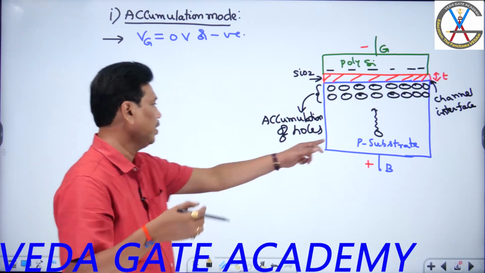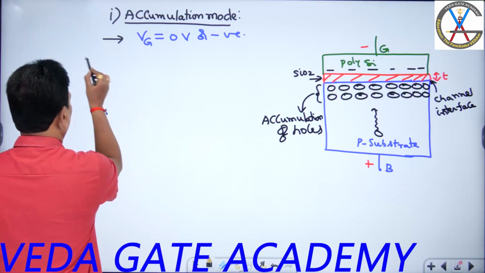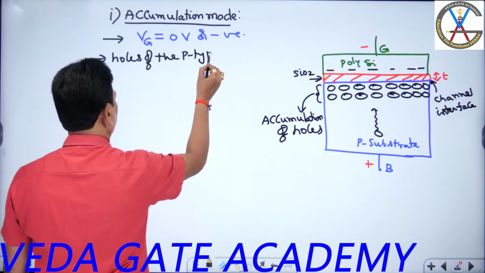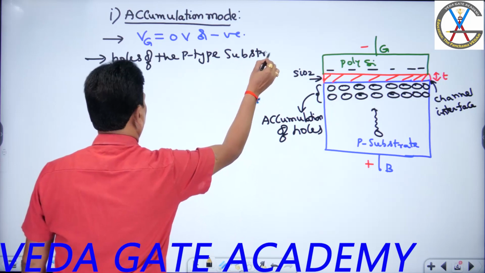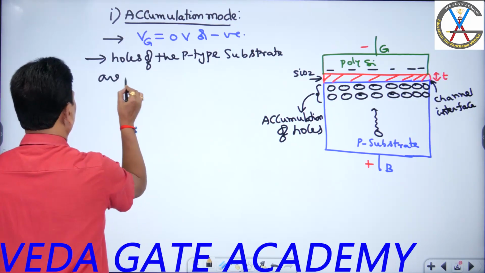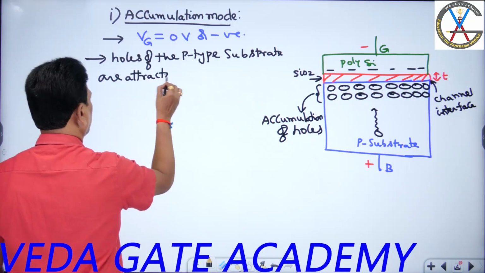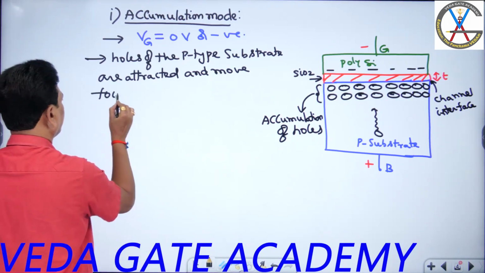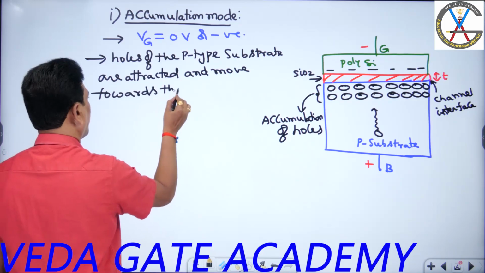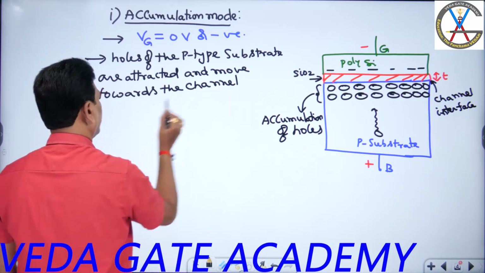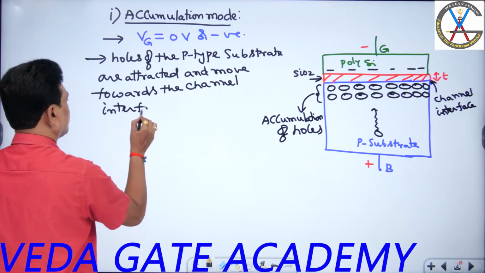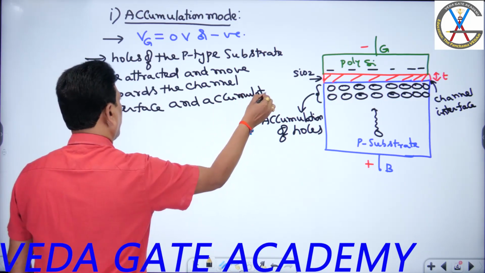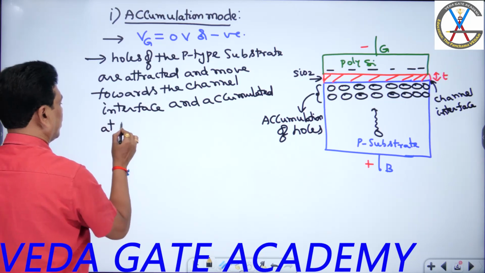Here, what I told, students: the holes of the p-type substrate are attracted by that negative charge surface and move towards the channel interface, and are accumulated at the interface of the channel.